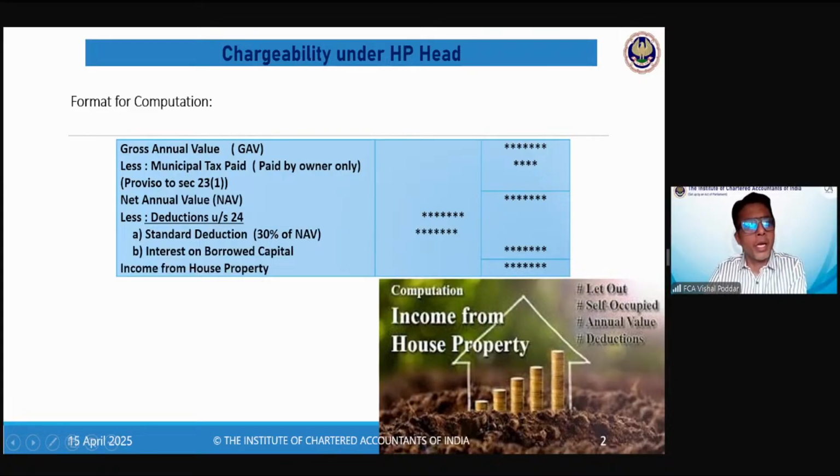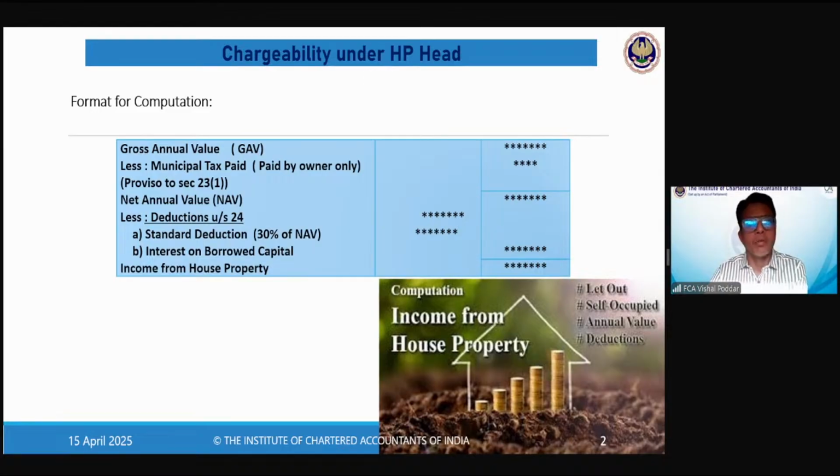For example, many times in a comprehensive sum, where you are supposed to compute PGBP income also, you are supposed to find out your total tax liability, allowing deductions, computing under both these schemes, old scheme and new scheme. In such cases, many times the HP adjustment is hardly one line. They may simply say that the house is given on a monthly rent of rupees 50,000. That's it. Nothing else is given.